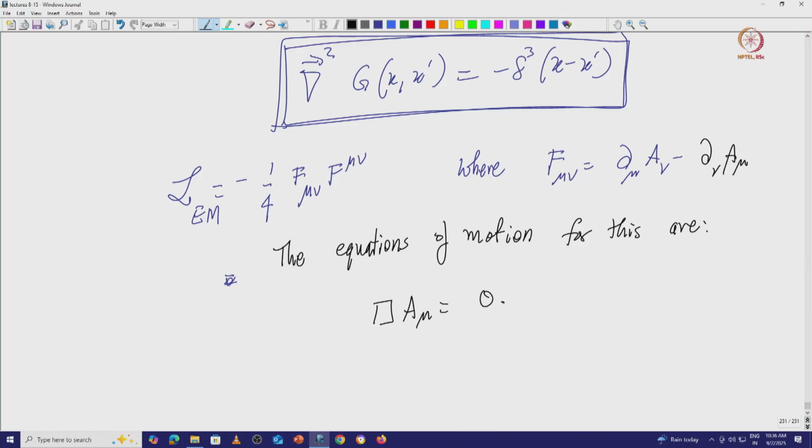Now introduce a delta function, and then solve this equation.